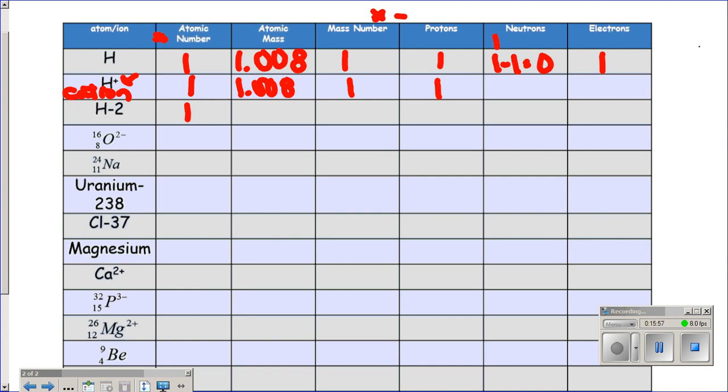Neutrons are still 1 minus 1, 0. The electrons have changed. Before we had 1 electron, but we can clearly see from this positive indicator that this hydrogen atom has 1 more proton than it has electrons. So if it has 1 proton and it has 1 more proton than it has electrons, that means it has 0 electrons.